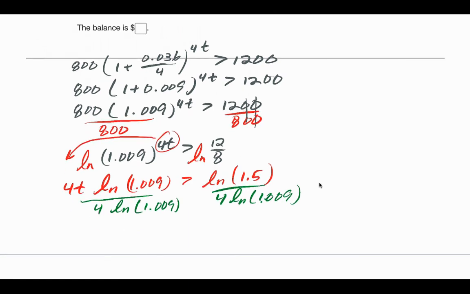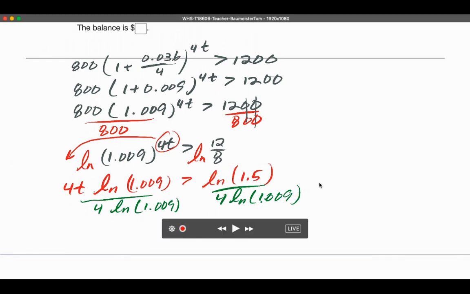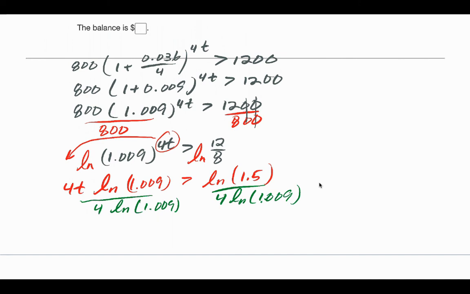All right. So you plug that into your calculator, ladies and gentlemen. This part right here, you're going to plug all this in exactly the way you see it. All right. So why don't we go ahead and do that just so I can show you.